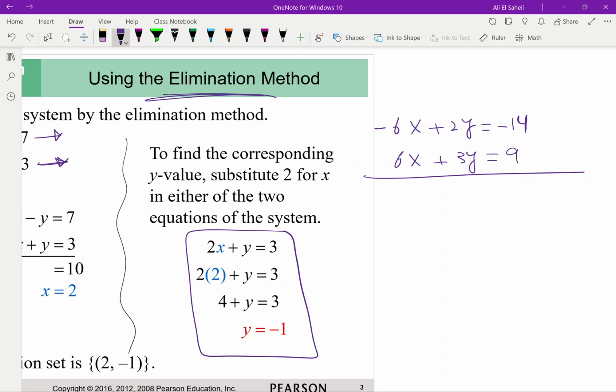Add the two equations. Minus 6x plus 6x is 0, plus 2y plus 3y is 5y. Add the right side. Minus 14 plus 9 is minus 5.